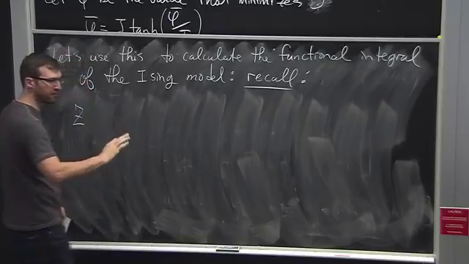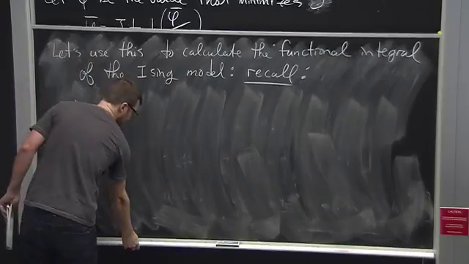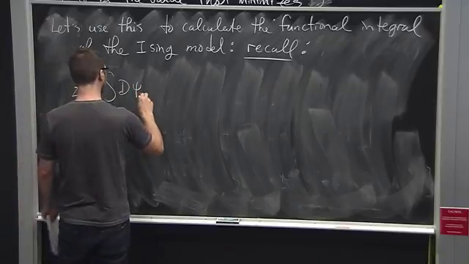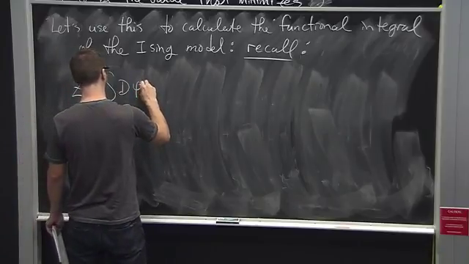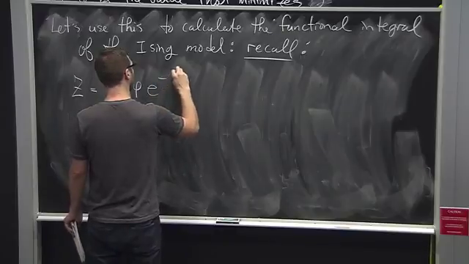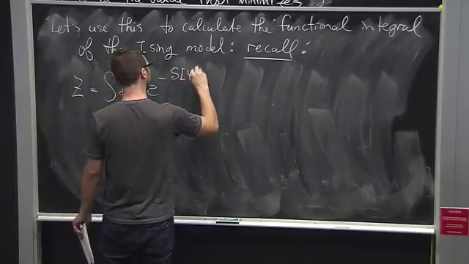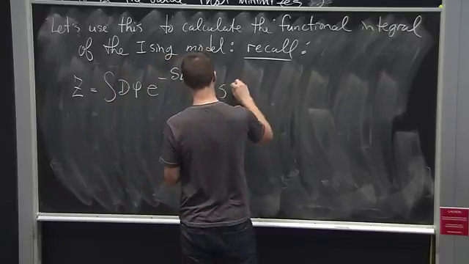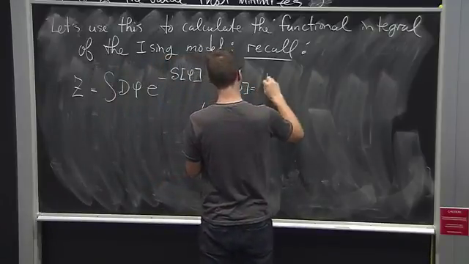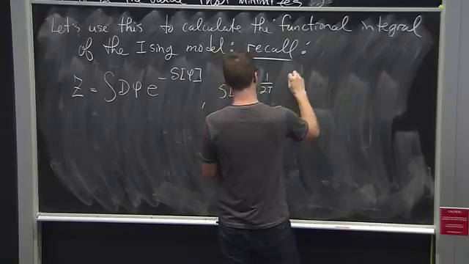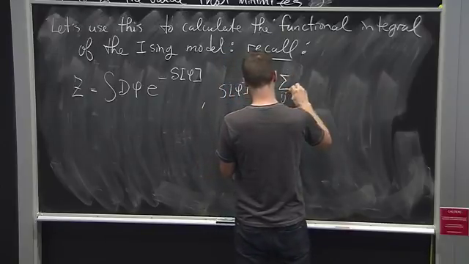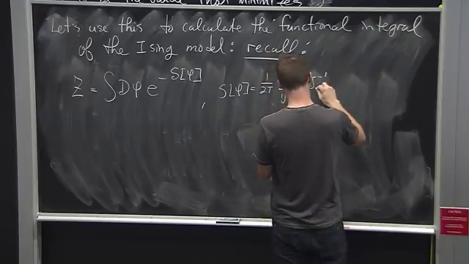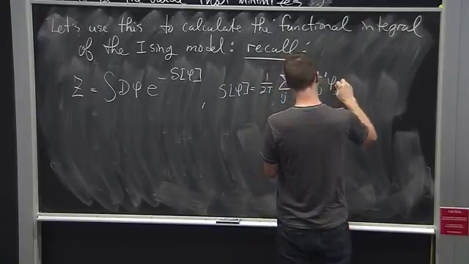Forget that infinite range thing. I'm going back to the original functional integral, where I had e to the minus S. And I've performed the Hubbard-Stratonovich transformation on that precise Hamiltonian.